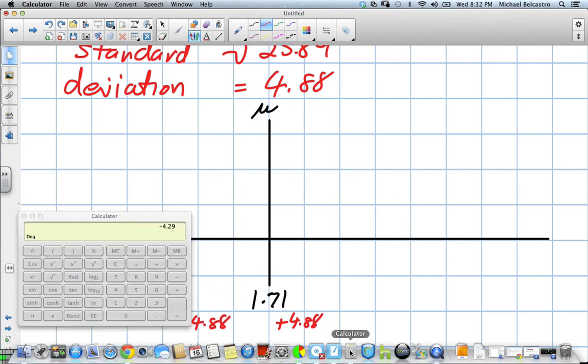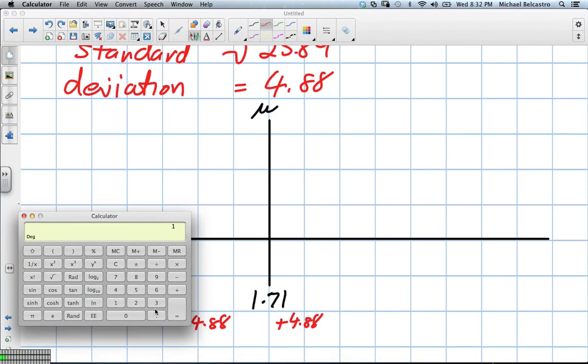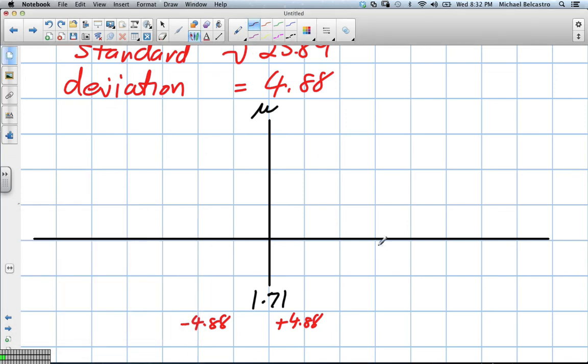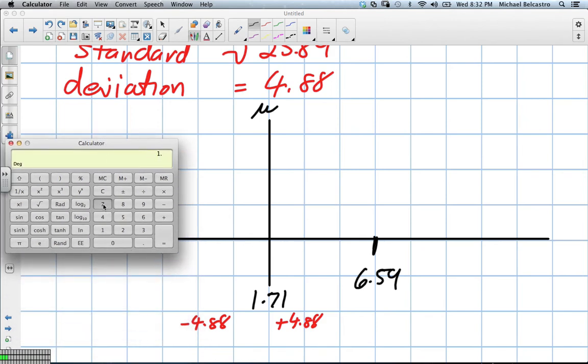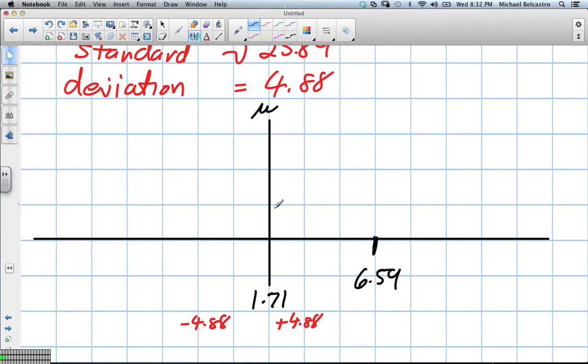So a standard deviation in this case is 1.71 plus 4.88. So 6.59. So we'll just say it's here, 6.59. And to the left, standard deviation, 1.71 minus 4.88, negative 3.17. Okay.